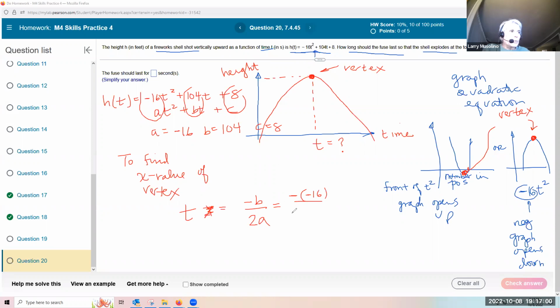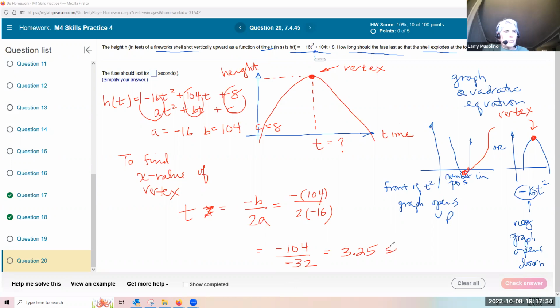Negative b is negative 104. Whoops, wrong number there. Right, negative b is 104 here. And 2 times a on the bottom is 2 times negative 16. So this is going to be negative 104 divided by negative 32. A negative divided by a negative is a positive, and 104 divided by 32 is 3.25.